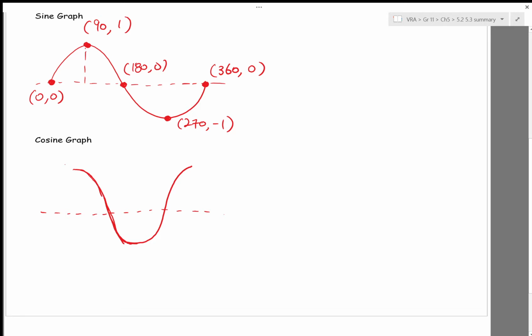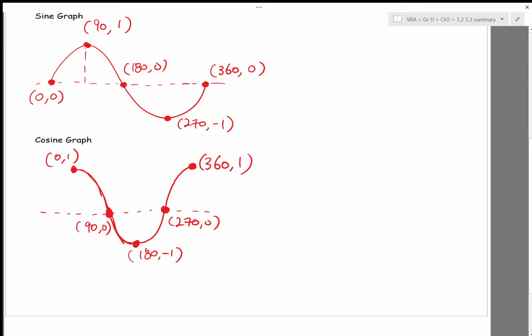The graph starts at the max, comes down to the equation of the axis, goes down to the minimum, comes back up to the equation of the axis, and then ends at the maximum again. So this is 0, 1. Same thing, 90, 0, 180, -1, 270, 0, and then ending at 360, 1.